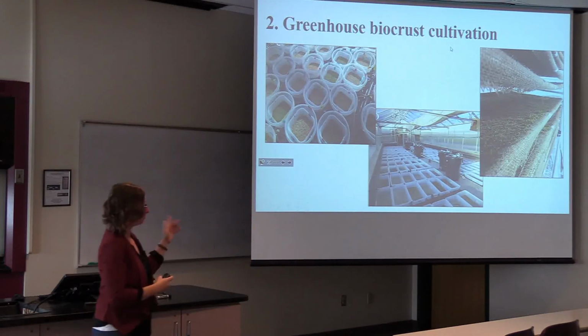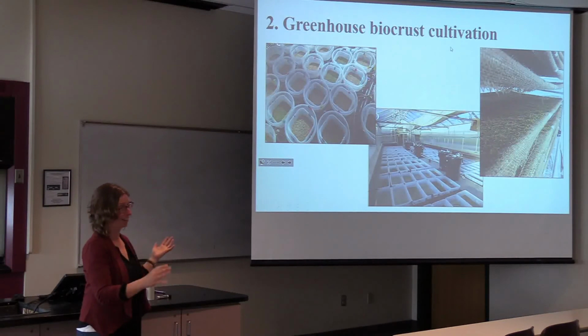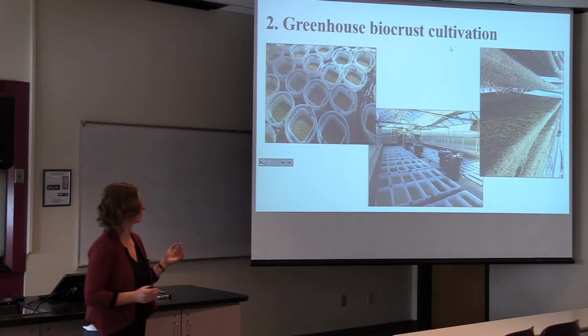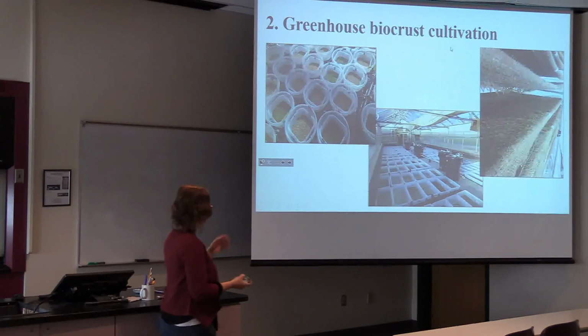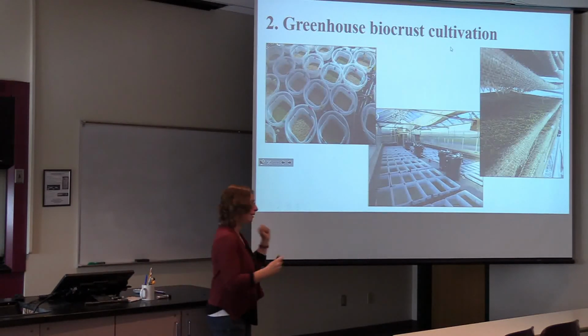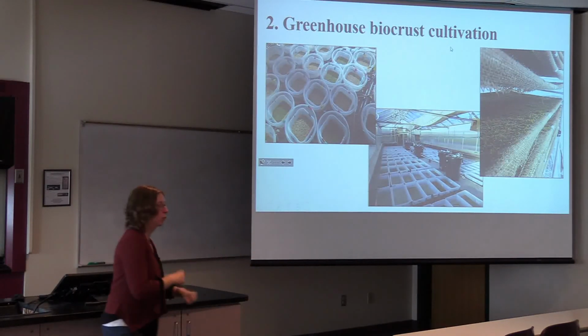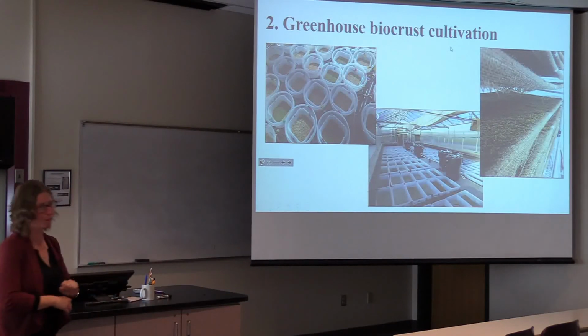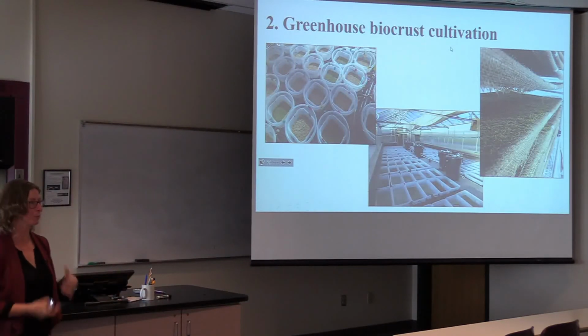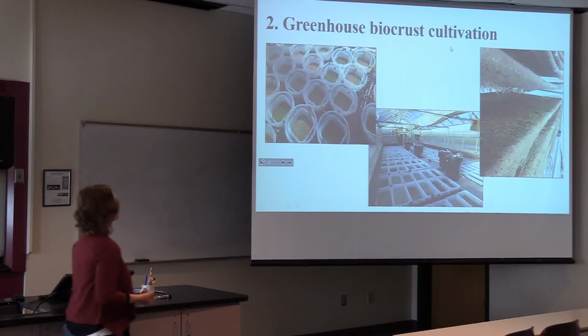And so you're able to fit a ton of burlap sheets within a greenhouse that way and grow a lot of BioCrests. Still, it's not like we have rolls and rolls of BioCrest turf that we can roll out and cover hundreds of acres, which is more the level of restoration we need to do.